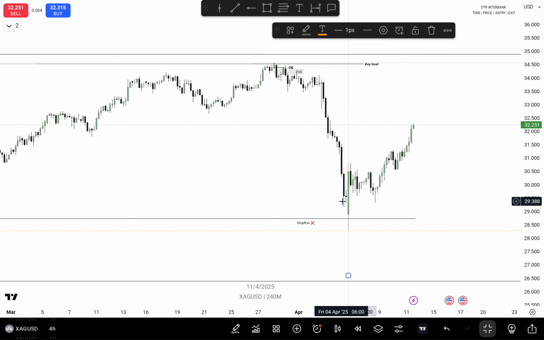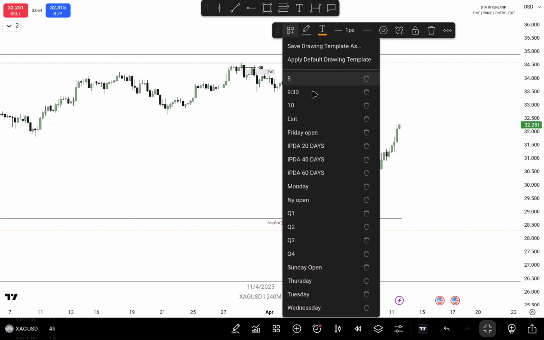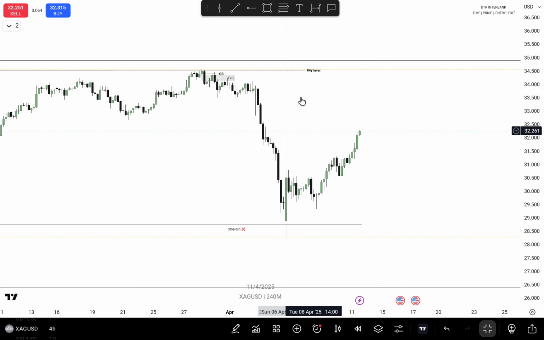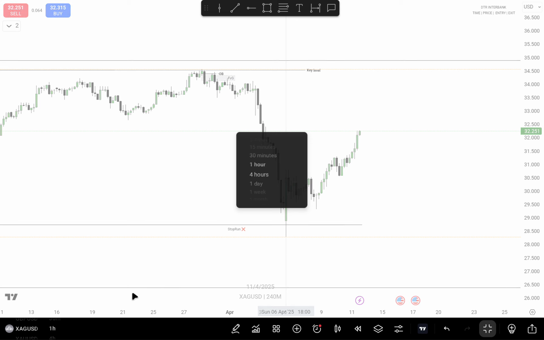This is Sunday, 18 o'clock. So this is last week's price action. And also I want us to look at this price action right here. Let's go down to the 1 hour.